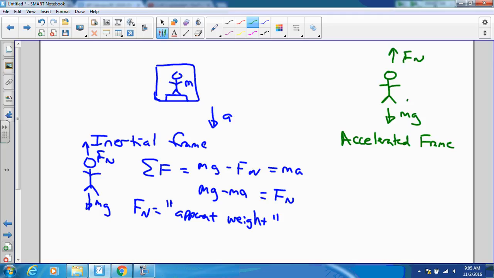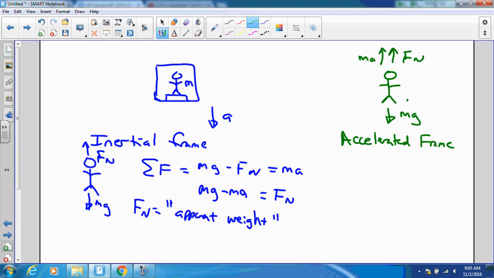We're going to have a normal force pushing up from the scale. And we are also going to have a fictitious force, ma, that is pointing opposite the direction of the acceleration with magnitude m times a. And because the man is in the elevator standing there, his acceleration relative to the elevator is 0.